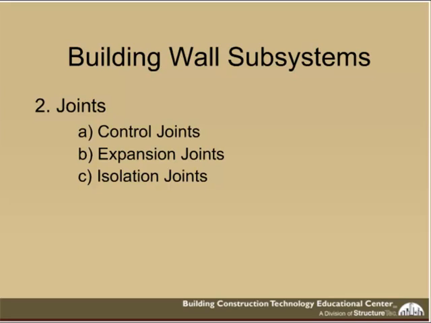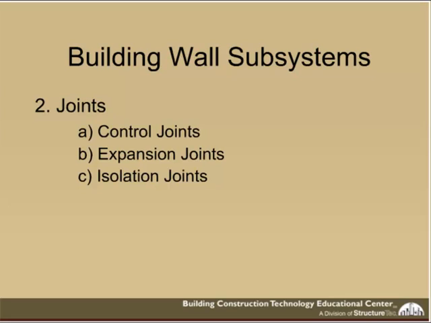The primary differences between them is what their intent is. Control joints accommodate the growth or the shrinkage of individual component materials. Masonry units typically grow over time. They absorb moisture just because of the way they're manufactured. You know, the moisture is all baked right out of them. So over time, they are going to gradually absorb moisture and they grow.